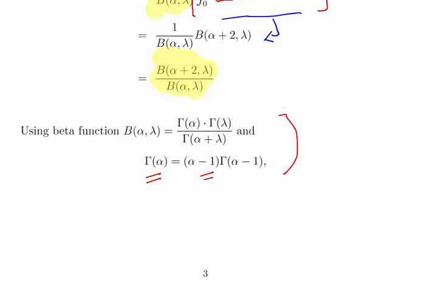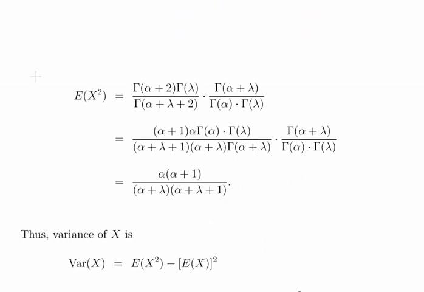I've sort of used those already, and I probably should have mentioned them before. But anyway, we'll persevere. So the numerator is the gamma function of alpha plus 2 times the gamma function of lambda. Okay, so we can start cancelling stuff out.